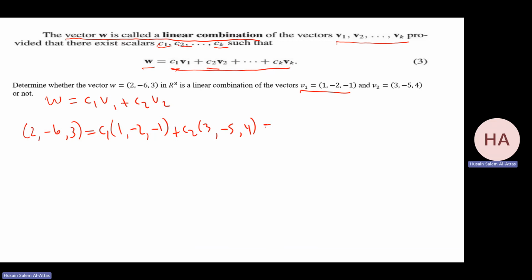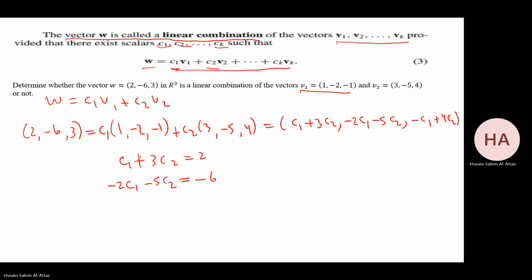So I have this equation: C1 plus 3C2, minus 2C1 minus 5C2, minus C1 plus 4C2. So can I have these 3 equations: C1 plus 3C2 equals 2, minus 2C1 minus 5C2 equals minus 6, minus C1 plus 4C2 equals 3?